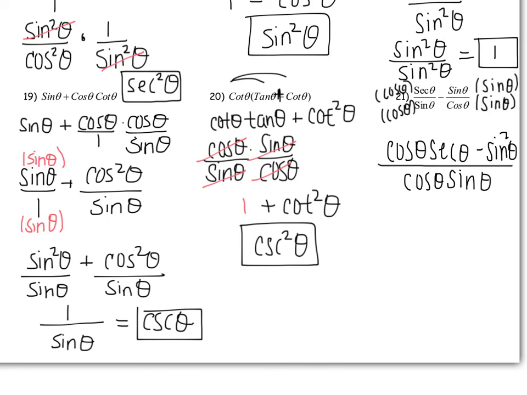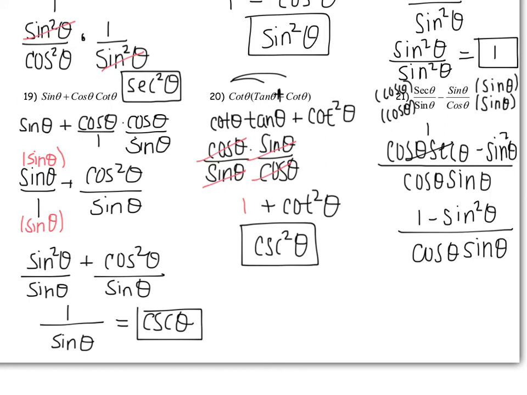Okay, so we know that cosine times secant is going to be 1. If you need to prove it to yourself, you can, but they're reciprocals. So anytime you multiply a reciprocal by itself, you get 1. So this part is going to be 1. So it's 1 minus sine squared all over cosine theta sine theta.